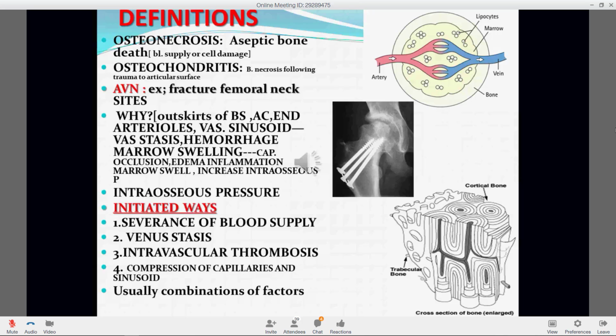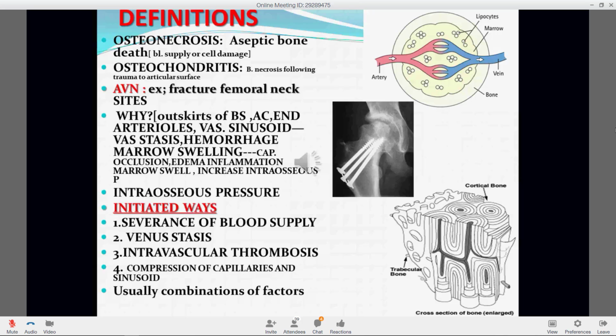The common sites for avascular necrosis are the femoral head, femoral condyle, head of the humerus, talus, and proximal part of the scaphoid. Why does this occur? All those bones we have mentioned have the following criteria.